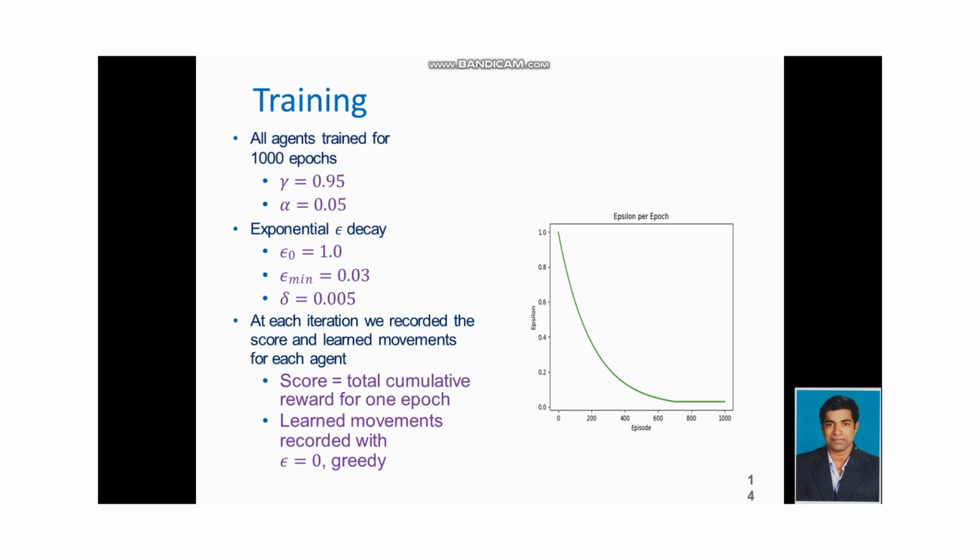The score equals the total cumulative reward for one episode. Learned movements are recorded with epsilon equal to 0, greedy. Here in the plot, they depicted the episode and epsilon value variations. In the earlier episodes the epsilon value is 1. As the experimentation proceeds and the episodes keep increasing, the epsilon value goes to a very low value.